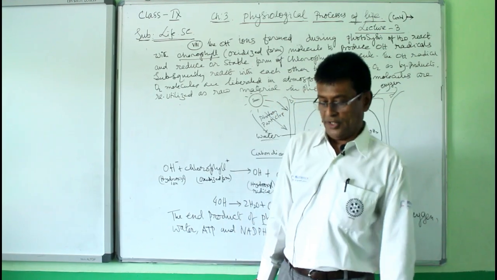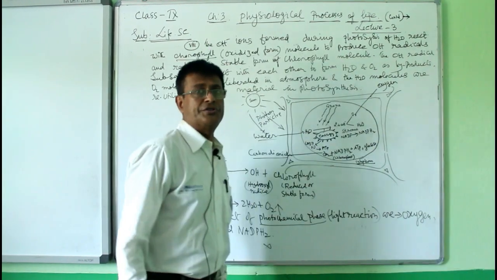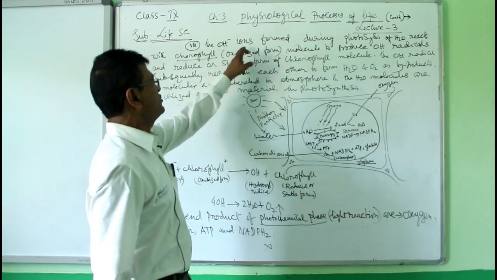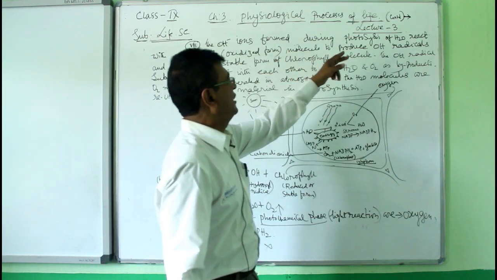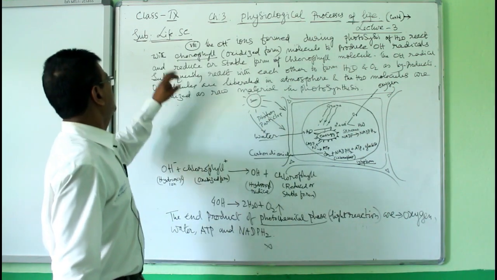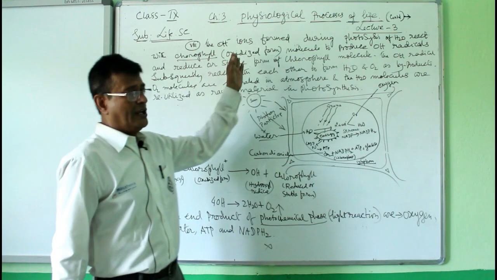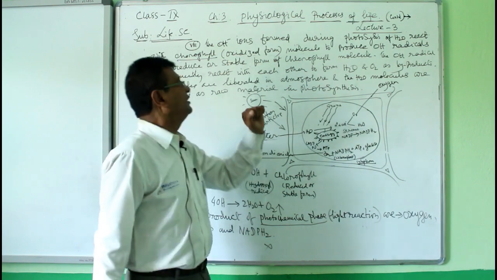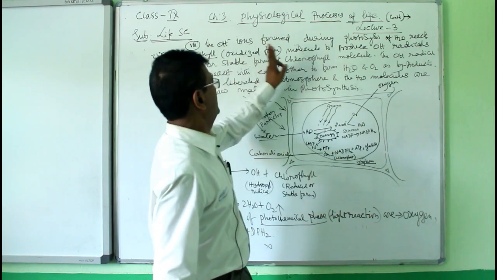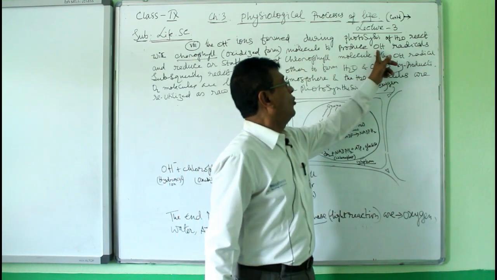Well, children, the next point is this. The hydroxyl ions formed during the photolysis of water react with the chlorophyll in oxidized form, the oxidized chlorophyll molecule, to produce OH radicals.